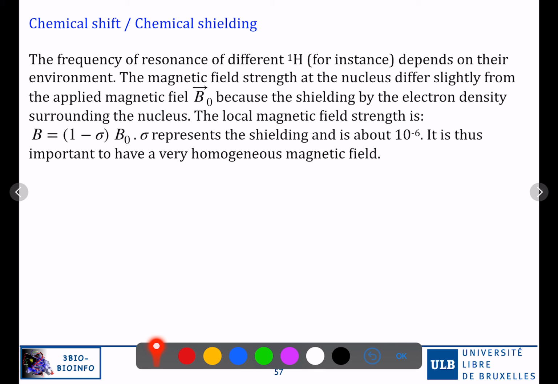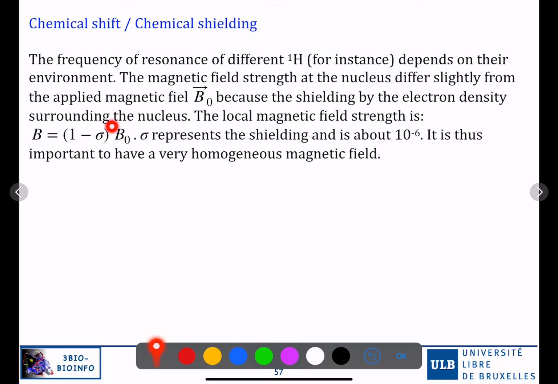We have already seen that if we apply the B0 magnetic field, it is not directly felt by the different nuclei, because you have a shielding by the electrons that are in the surrounding of the nucleus. And so the magnetic field that is felt by the nucleus, if we focus on its strength B, is equal to B0 times (1 minus sigma).